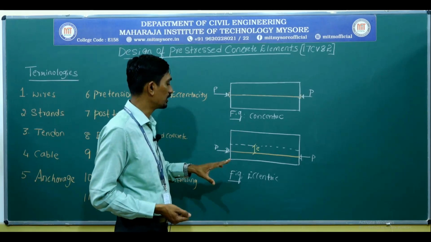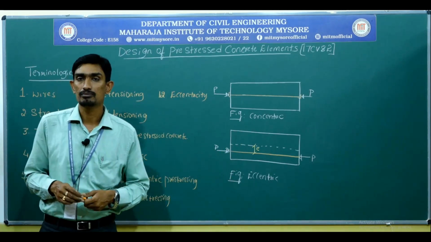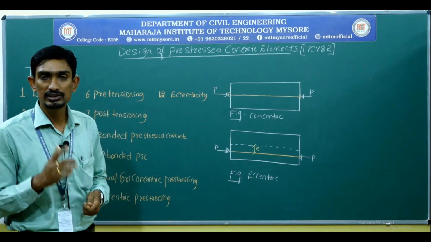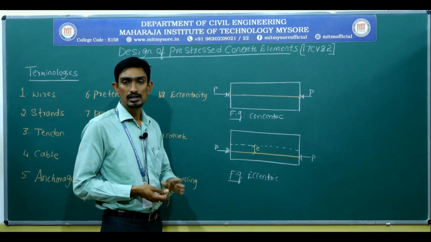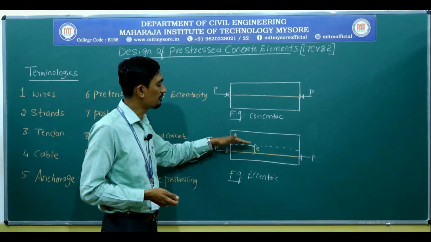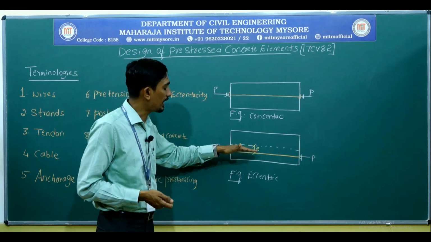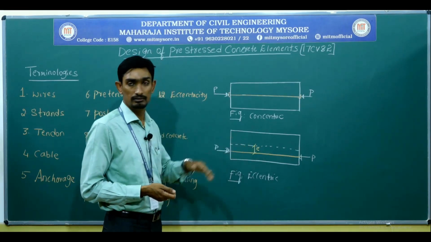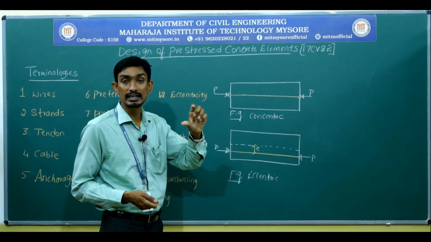Eccentricity is defined as the distance between the centroidal axis of the section to the centroidal axis of the tendon. So that particular distance is called eccentricity.